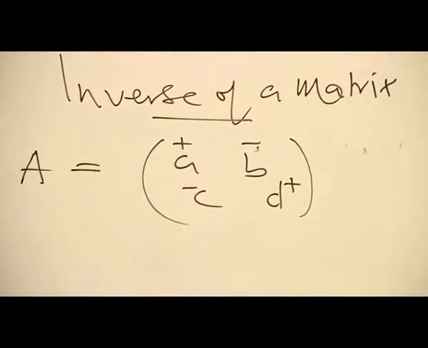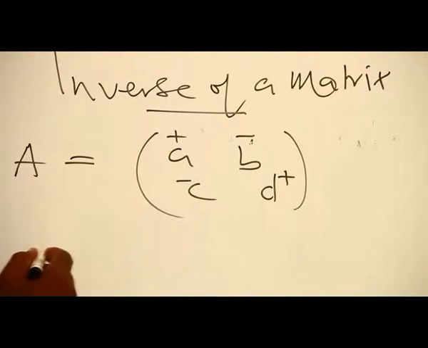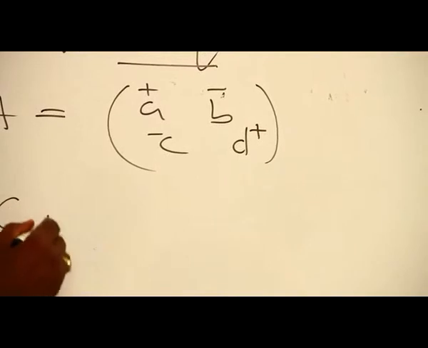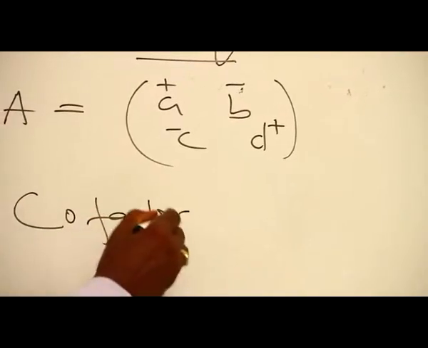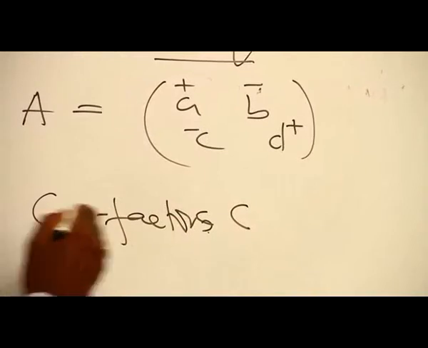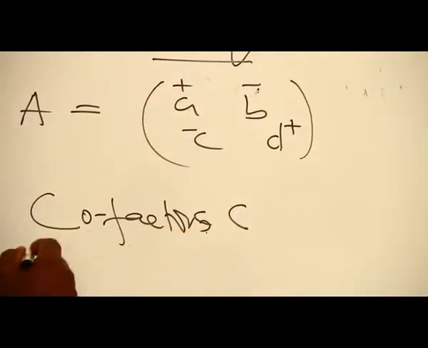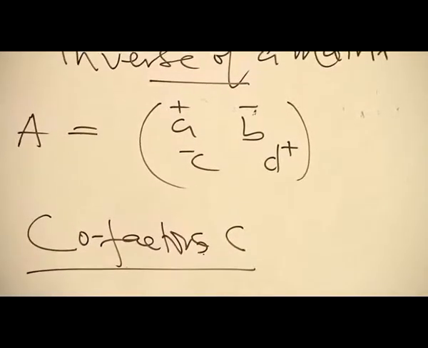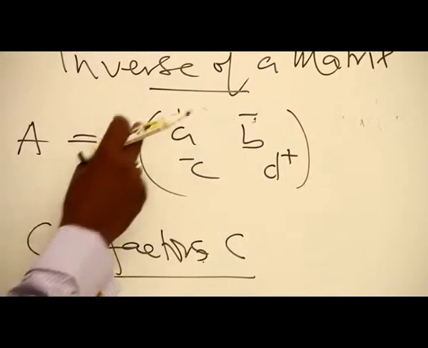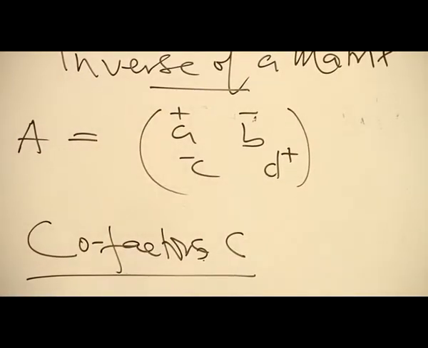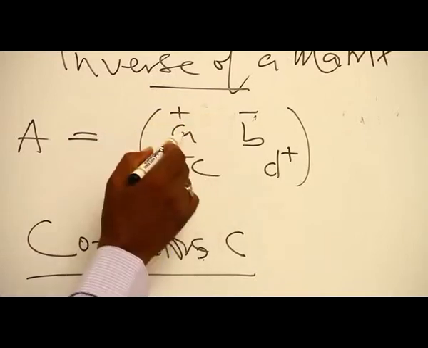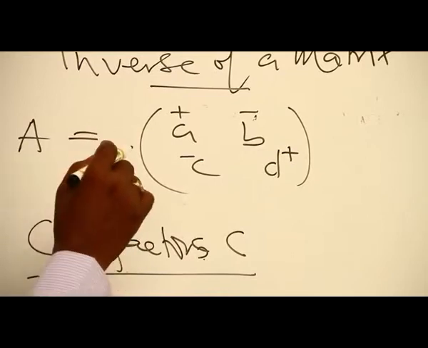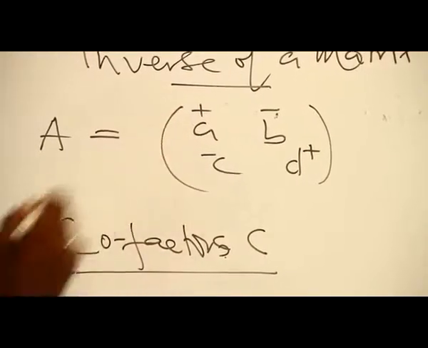After the signing, we have to generate the cofactors, C. In generating the cofactors, we are interested in the signs, not the elements, unlike the determinants, where you pick the sign and the element.